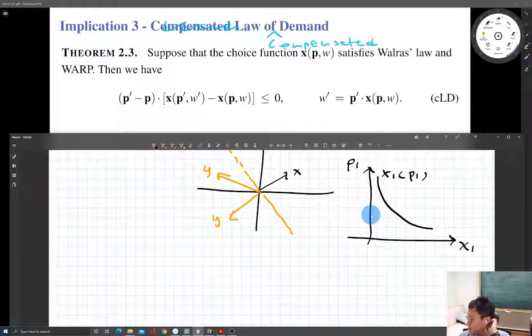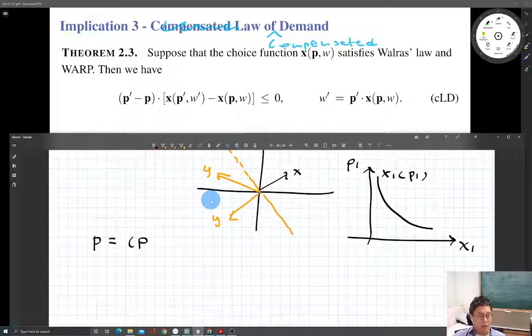So the law of demand can be interpreted as the negative association between the price movement and the change in demand, and its general version can be written as this dot product. If we have two goods, the price vector is given by P1 and P2, and the demand X is X1 and X2.